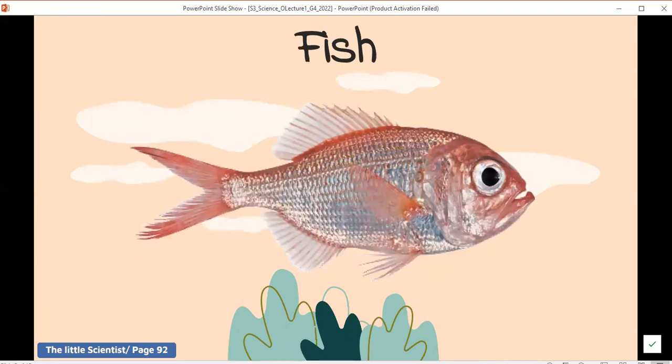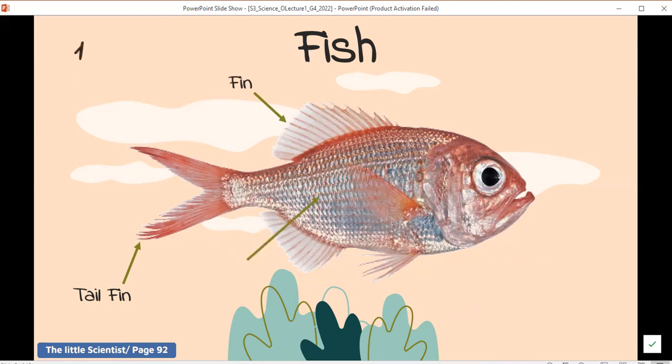Let's annotate it. What is this? I'll count to 5. It's a tail fin. You're right. What about this? What is it? Did you say a fin? You are right.